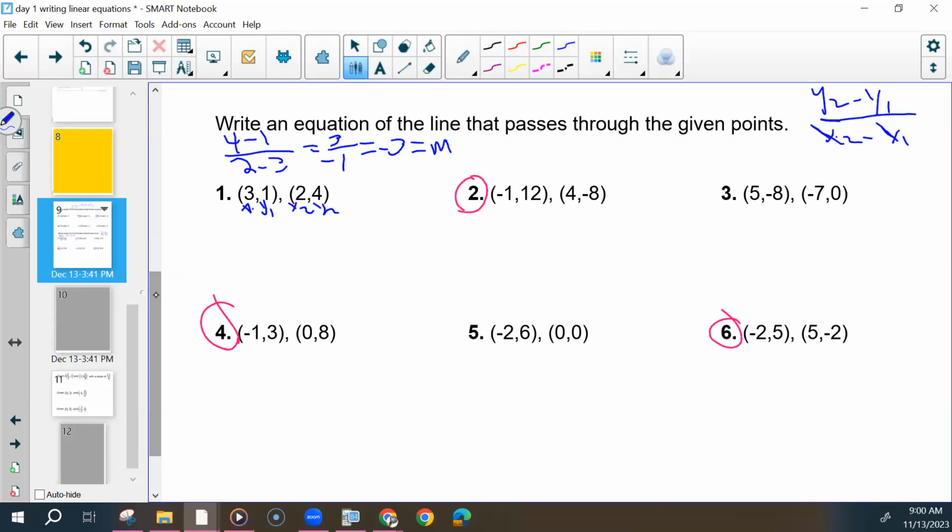This would be our x1, this would be our y1, this would be our m. And we would use that formula that we wrote at the top of our paper: y minus our y1, which is 1, equals our slope, -3, parentheses, x minus our x1.